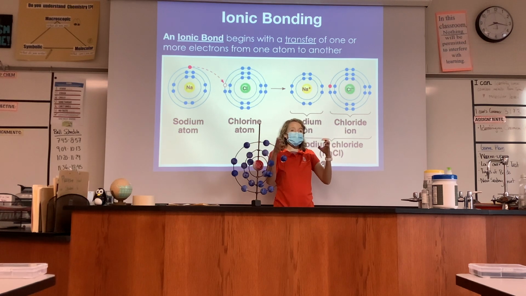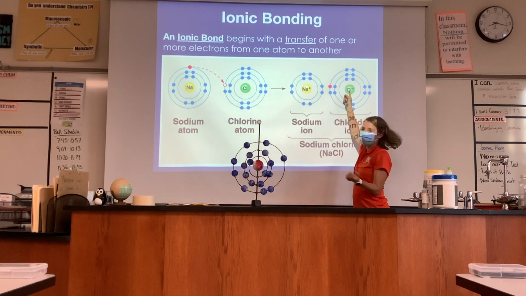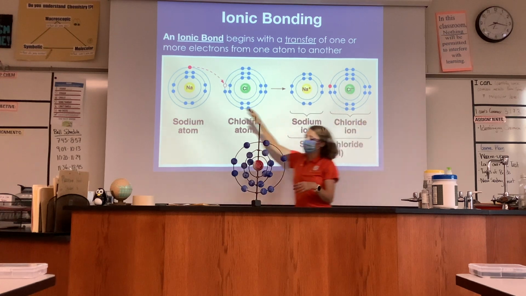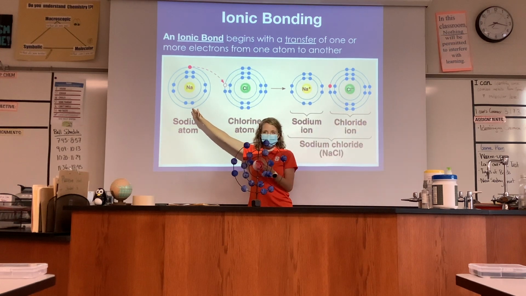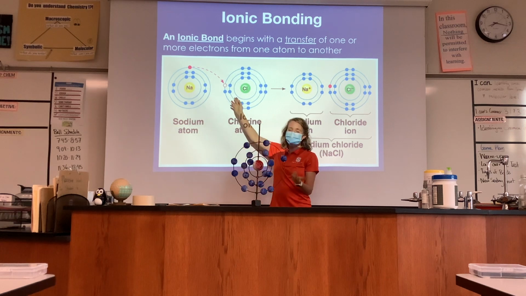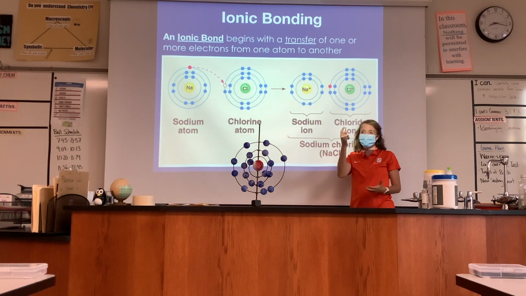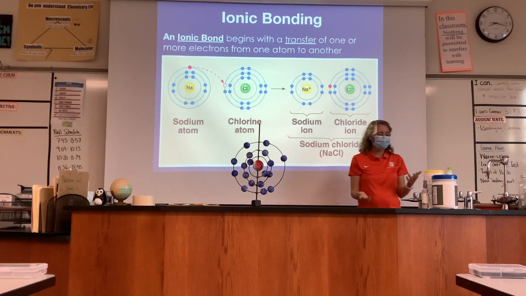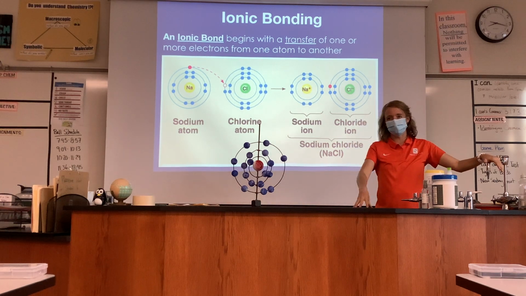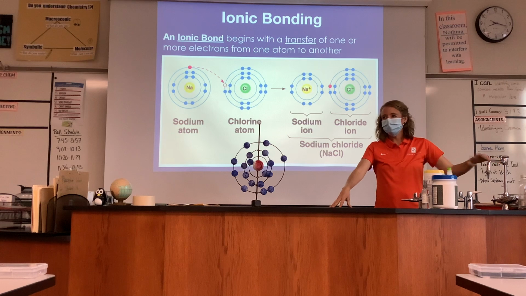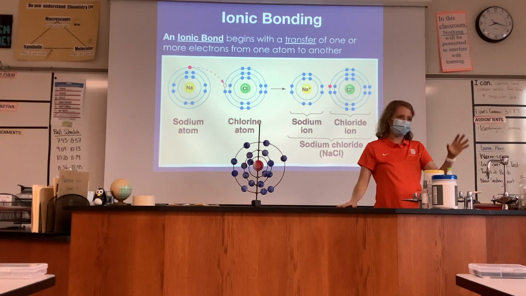And then what holds them together is literally the positive and negative force that they turn into. Because by losing an electron, you become positively charged. By gaining an electron, you become negatively charged. And so they're like little magnets. Now, it's important to recognize that chemical bonds are not magnets, but you can relate it to a magnet.